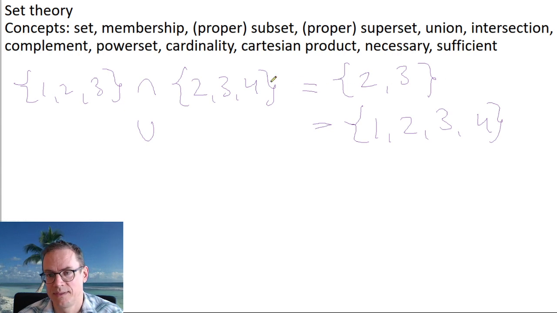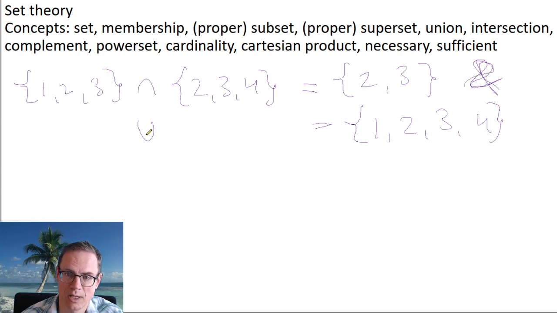So you can already see that the notion of intersection corresponds to the logical operation of AND, which I'll come back to later, whereas the set theoretic operation of union corresponds to the logical OR. 1, 2, 3, and 4 are those elements that are in the one or in the other. And 2 and 3 are those elements that are in the one and in the other.